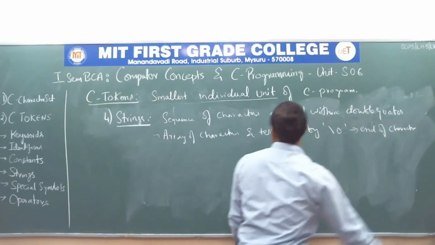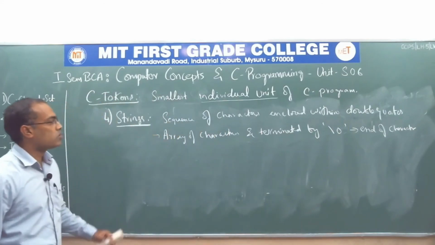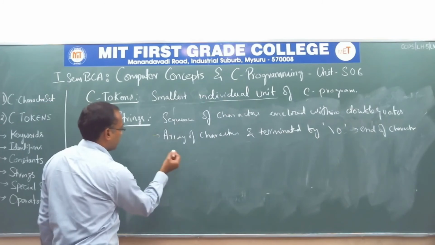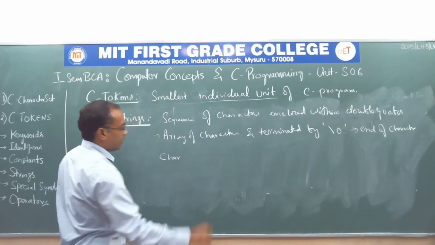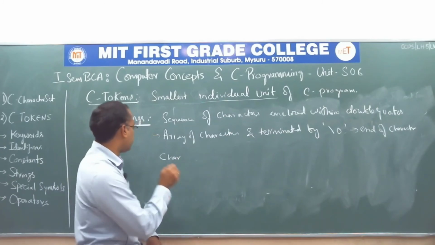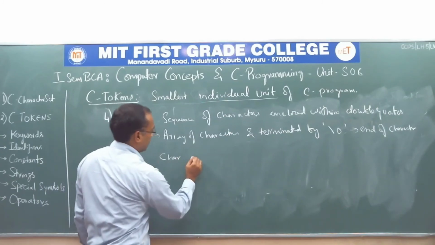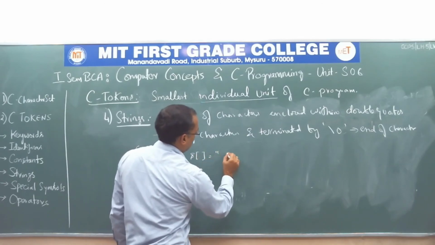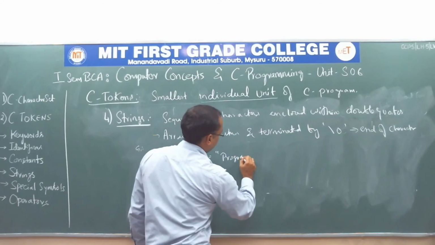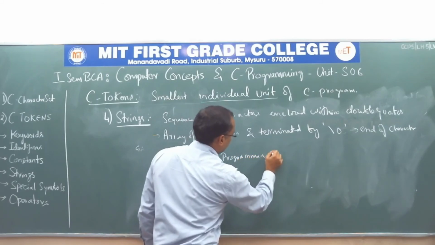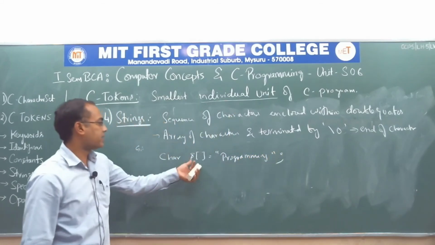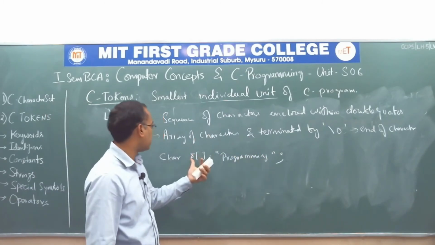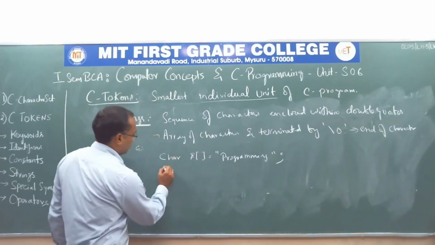So strings are also one of the tokens, and you can define strings with the help of the char keyword. I'll give you some examples. char s = "programming", so s is a named location and programming is the string that is assigned to the variable called s.